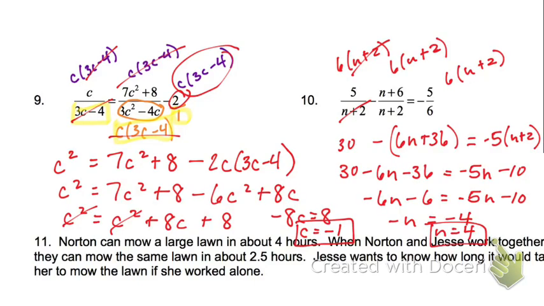Okay, for number 10, the least common denominator, going to combine n plus 2 and 6. So I multiply each fraction by 6 times n plus 2. The n plus 2's get canceled on the first two fractions. So I'm left with the 6 and the 5, which become 30.